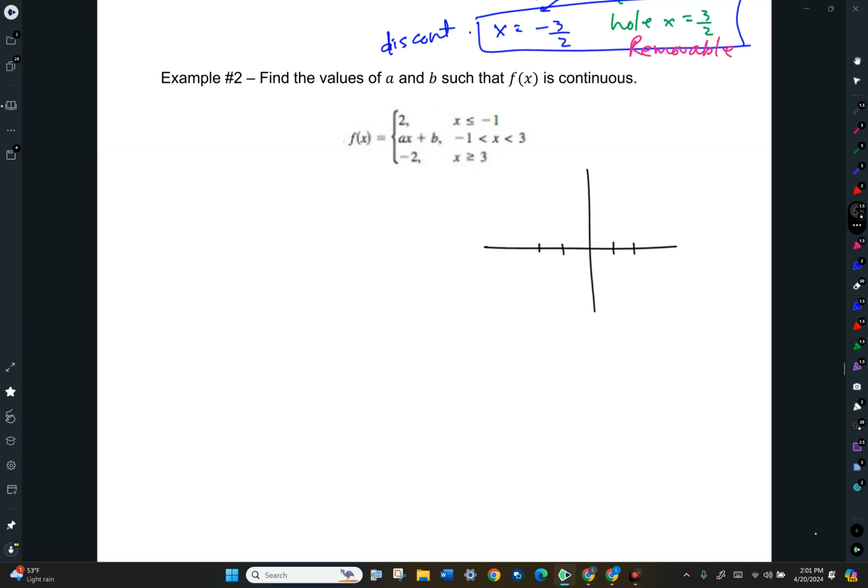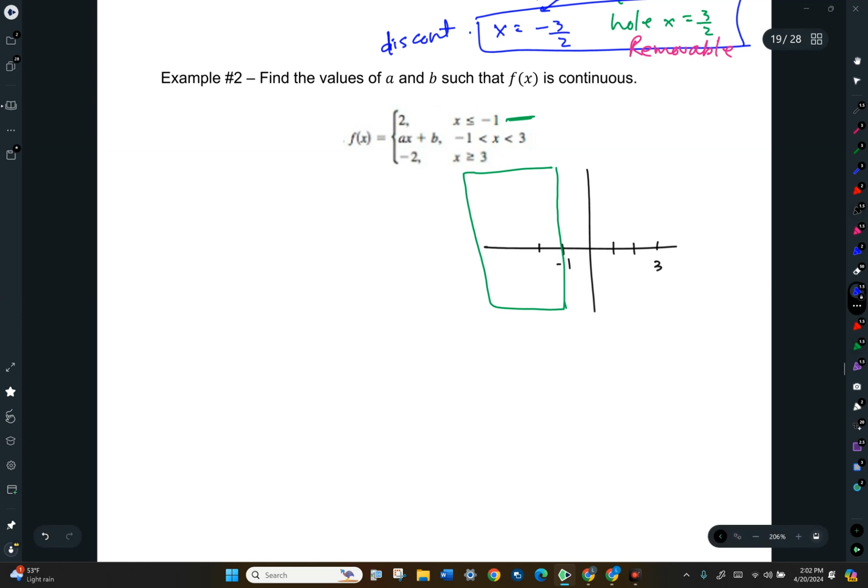Here is negative 1. Here is 3. Okay. So one piece of this graph, the first piece, exists on the left side of negative 1. So that first piece is over here somewhere, right? Now I know I could draw it, but I just want to think generically for a minute, all right?